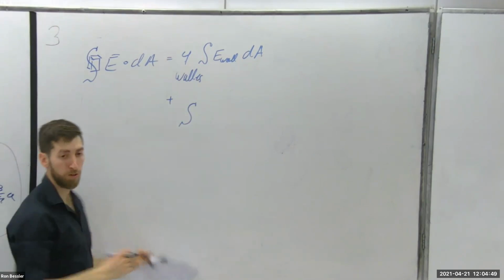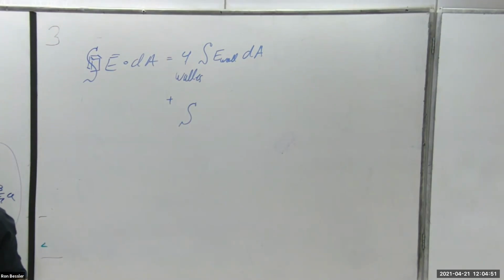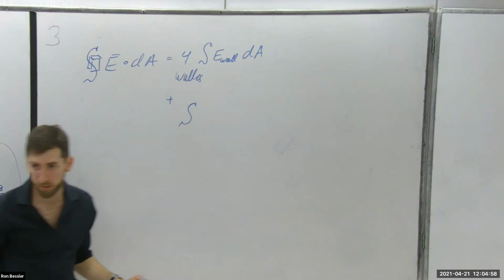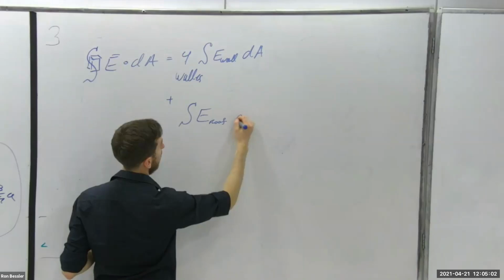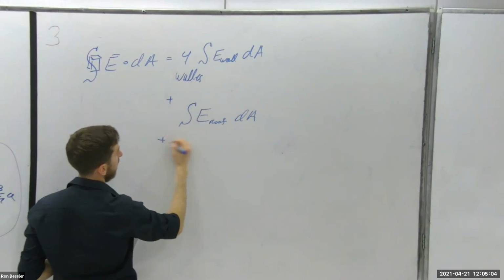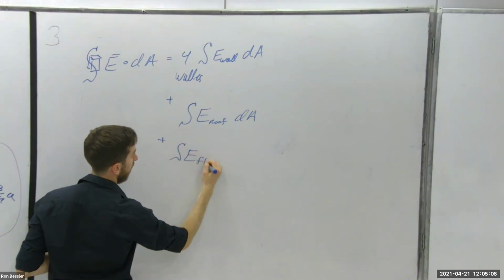And we also have a roof and a floor. Do you see it? Roof and a floor. We can do it, right? E roof dA, plus E floor dA.